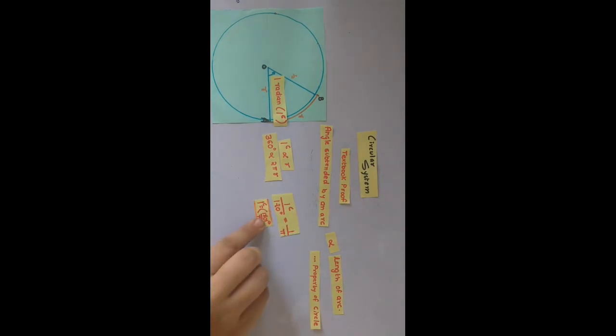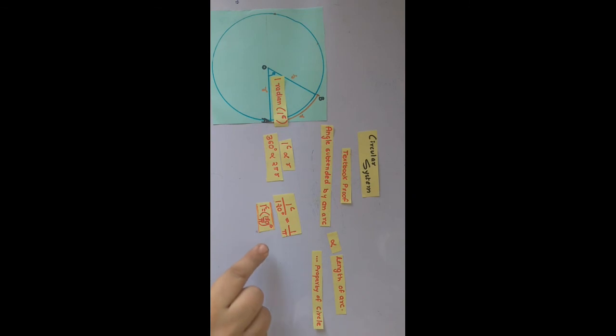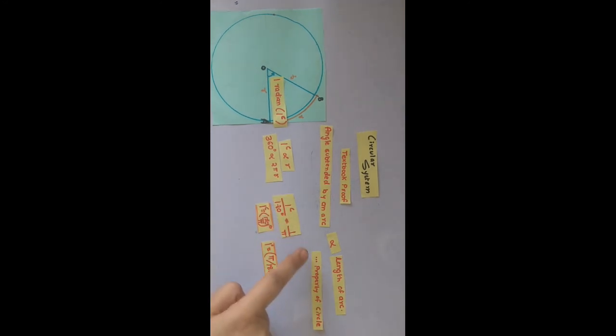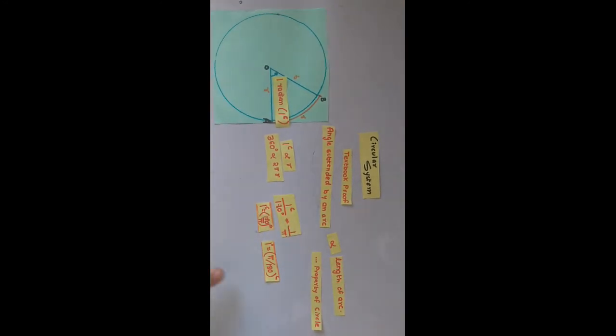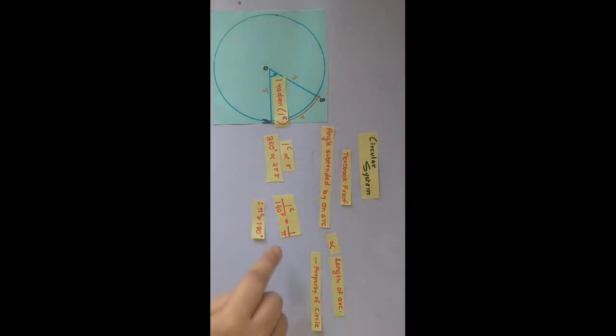From this we get 1 radian equals 180 degrees divided by pi, and 1 degree equals pi by 180 radians. So pi radians equals 180 degrees.